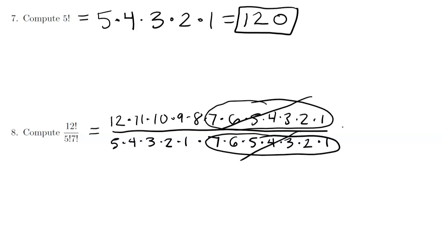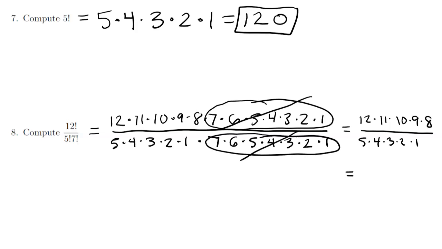So then we're left with just 12 times 11 times 10 times 9 times 8. We would stop at 8 because the 7 got canceled and everything after it. And then in the bottom, 5 times 4 times 3 times 2 times 1.